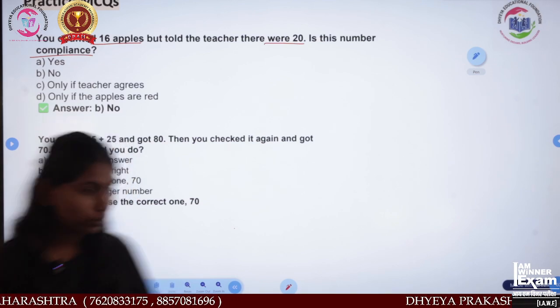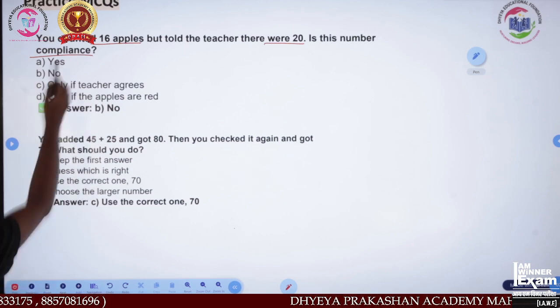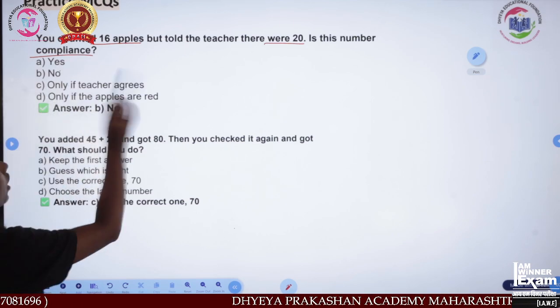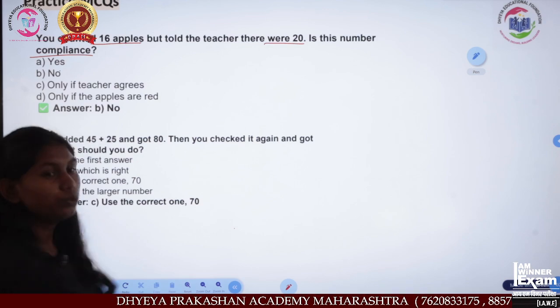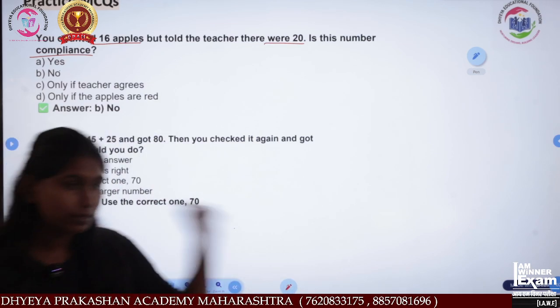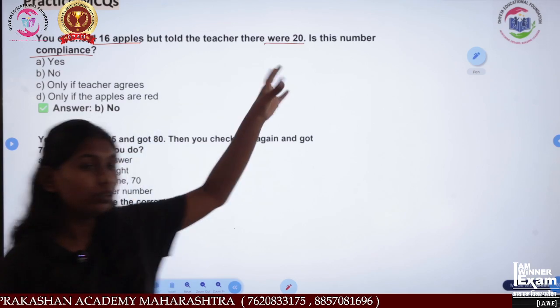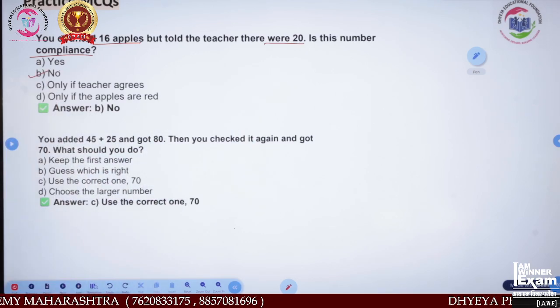No. The options are: yes, no, only if the teacher agrees, only if apples are red. So no, you just mixed the numbers. The actual count is different and you told the teacher something else. So the correct option here is no.